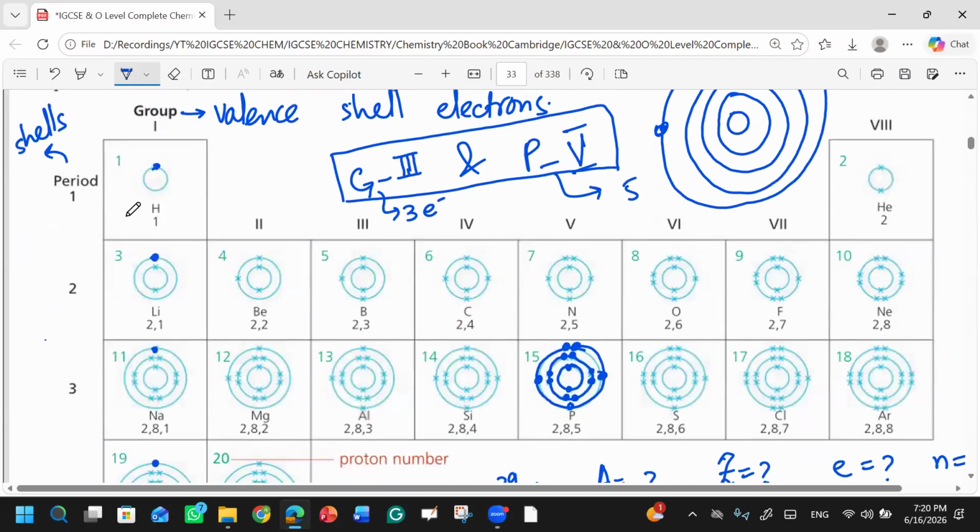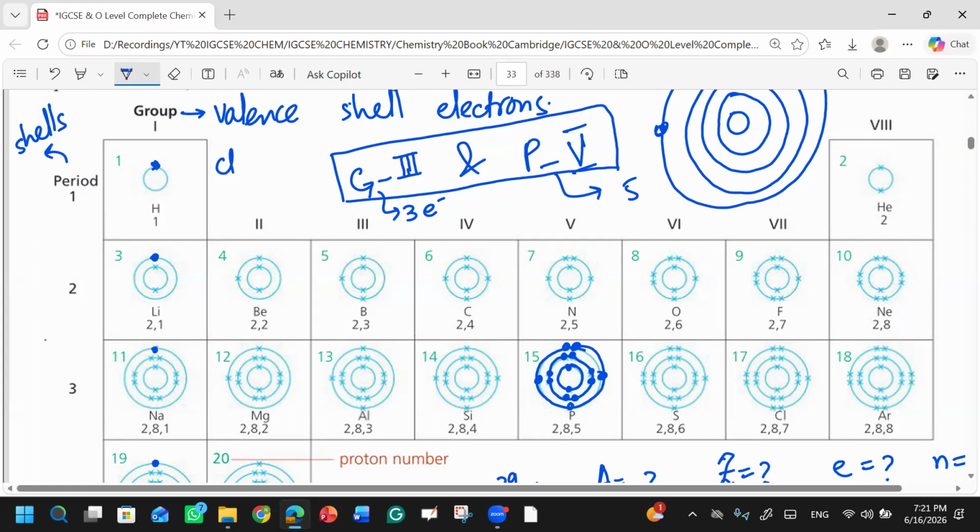In this case, hydrogen has just one electron. Now can you tell me whether hydrogen will like to share the electron or whether it will lose its electron if it wants to bond? If hydrogen wants to make a new bond with chlorine or some other element, what will it do?